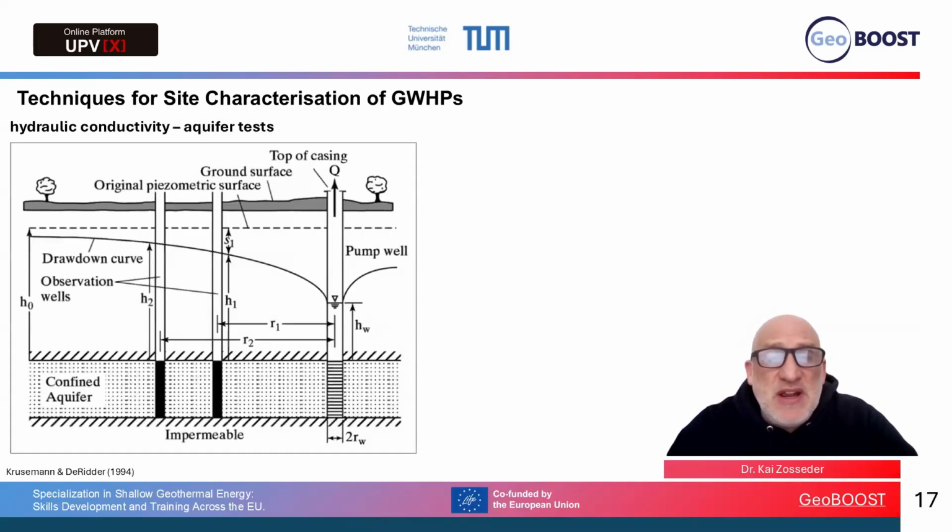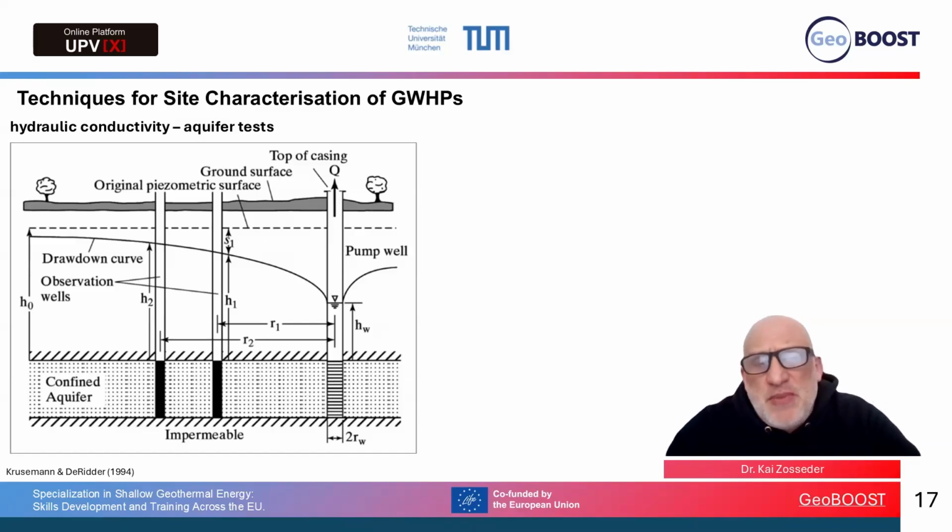Of course, how can we now assess what the real hydraulic conductivity is? If you know the lithology of your aquifer, you can use literature values, but these are just very rough averages, so you have to know the real conditions at your place.